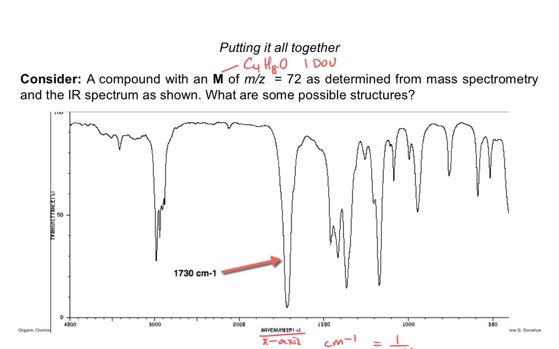The unit is kind of weird, and it's just historical of how the experiment developed. We're not going to get too much into the math of this, but it's called wave numbers. The y-axis is transmittance, and typically it's percent, so 100% to 0%.